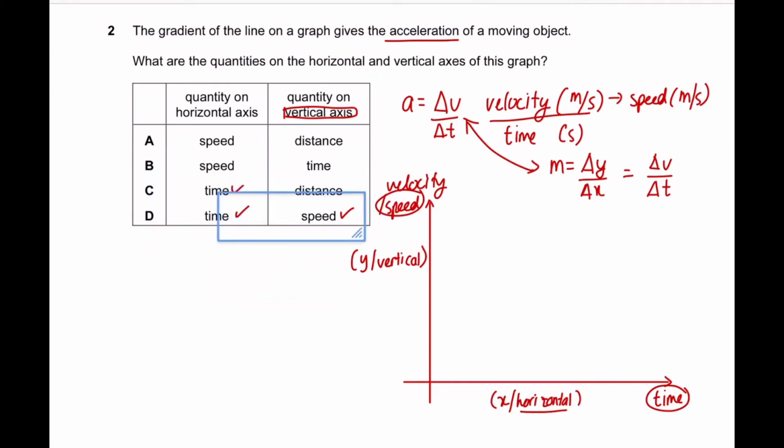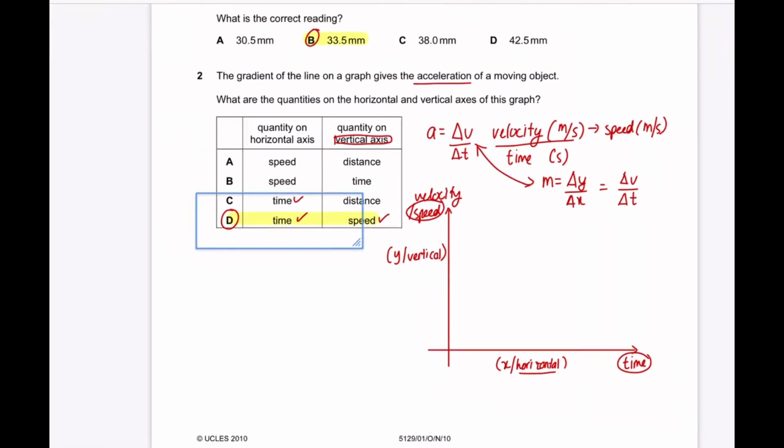We have two options here, time. But the two options that is correlated to the answer is D. The answer which is clearly labeled with this graph is D, with time on the horizontal axis and speed on the vertical axis.